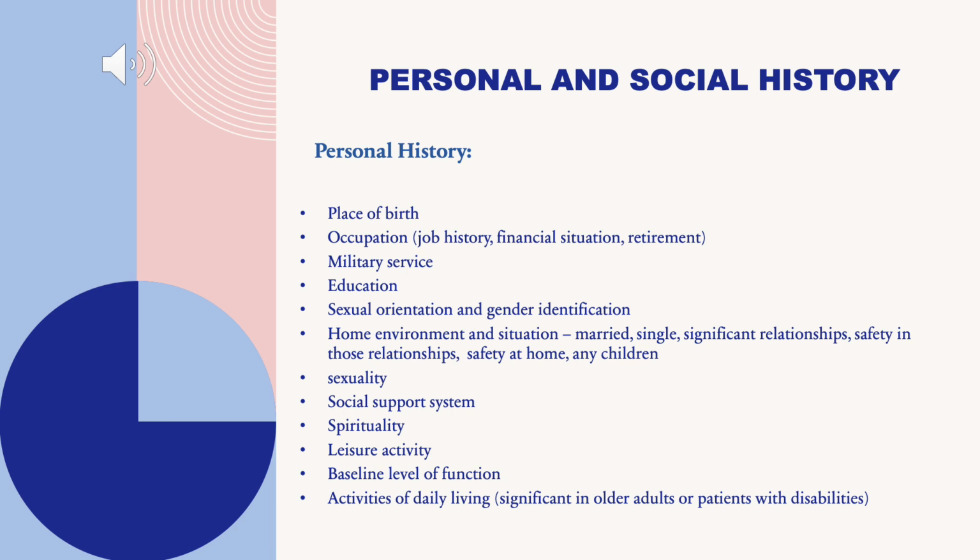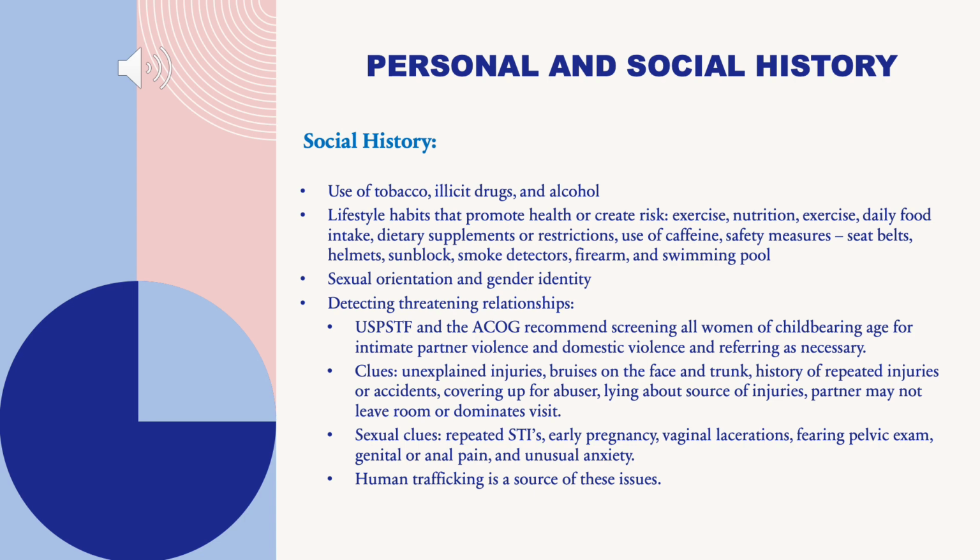The baseline level of function and activities of daily living is significant in older adults or patients with disabilities. Other parts of the social history include tobacco, illicit drug, and alcohol use.